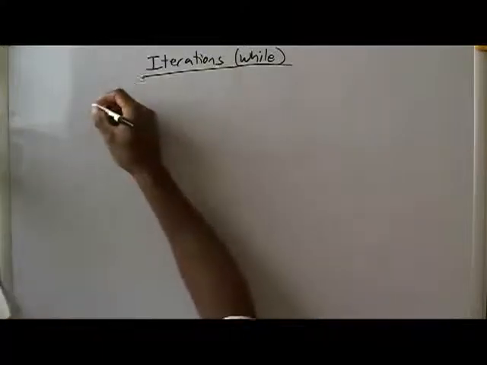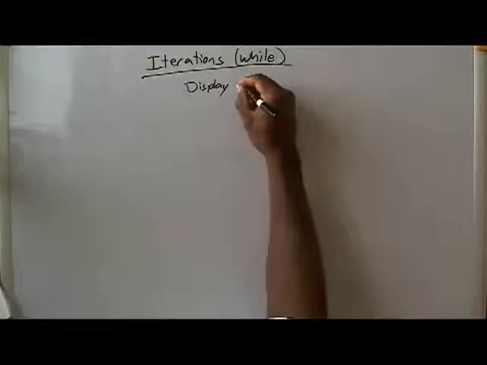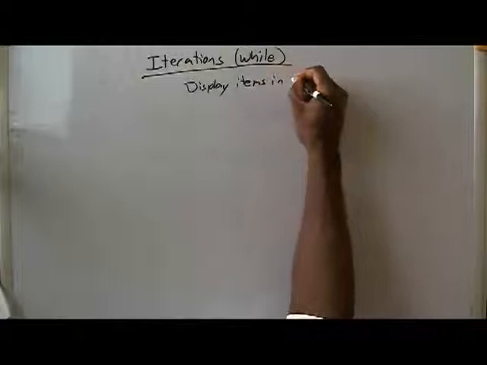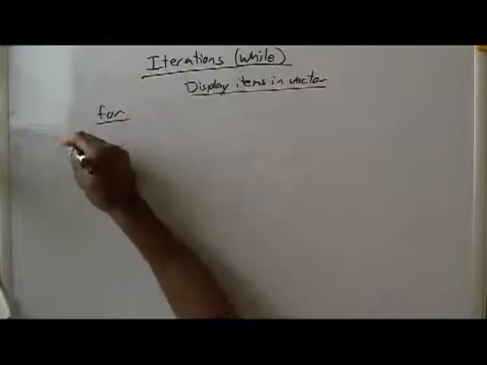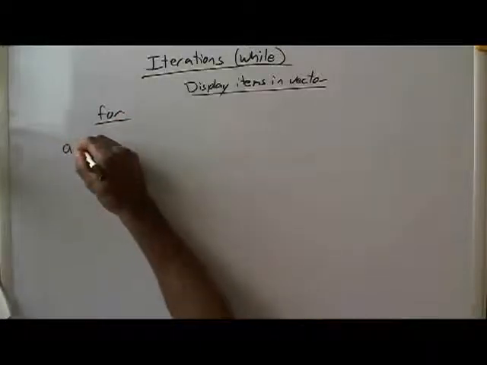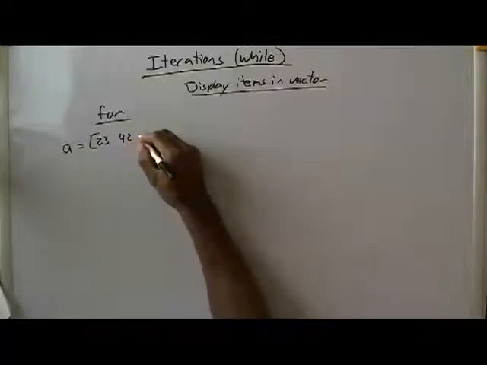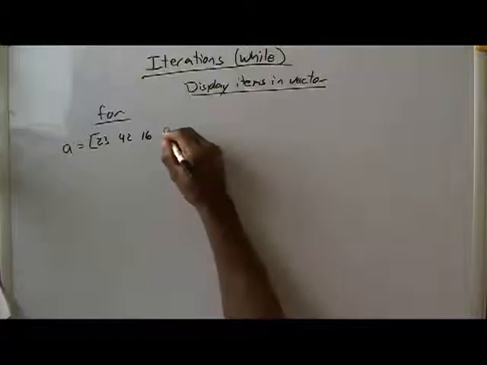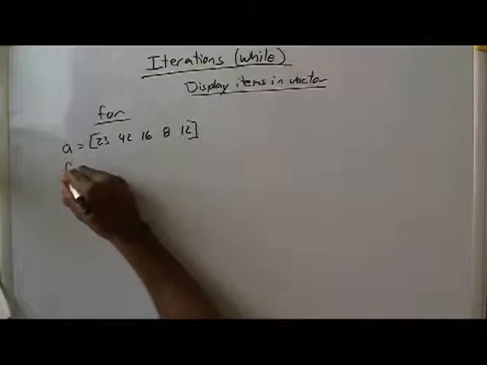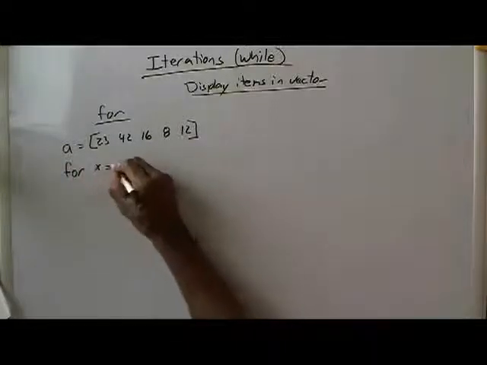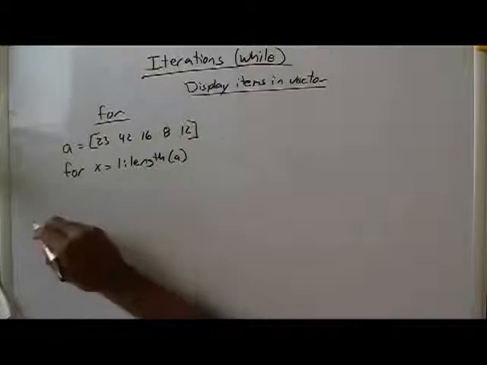The first example, if you recall, was just to display the items in a vector. On the for loop side, if we had some vector A equal to a set of numbers 23, 42, 16, 8, and 12, we would do for x equals 1 colon length of A. This is the indexing method once again.